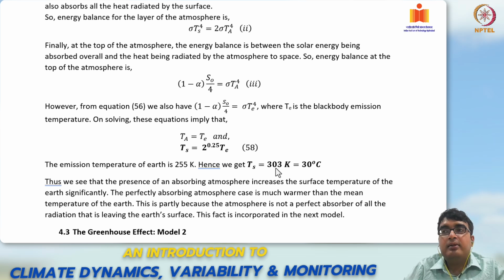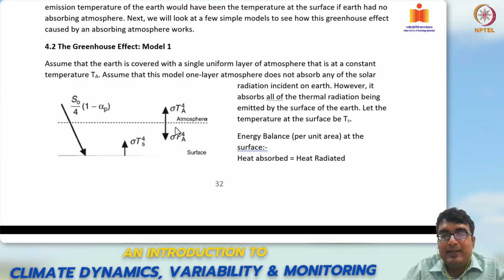So, to further improve the model, what we can assume here is that we can still model the atmosphere as a single isothermal layer at a certain temperature Ta.